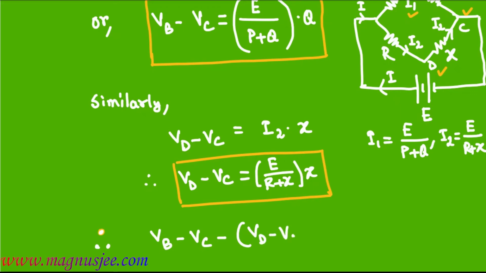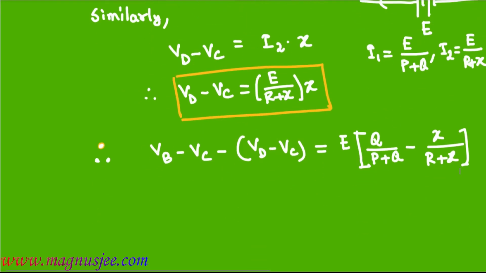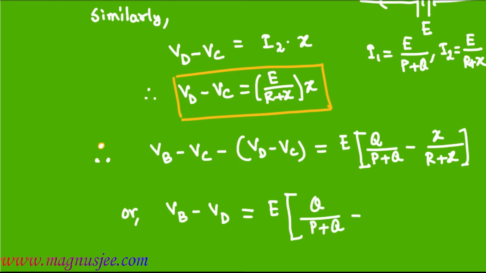Now, Vb minus Vc minus Vd minus Vc equal, E is taken common, under bracket Q divided by P plus Q minus X divided by R plus X. Therefore, Vb minus Vd equal E, Q divided by P plus Q minus X divided by R plus X, bracket closed.